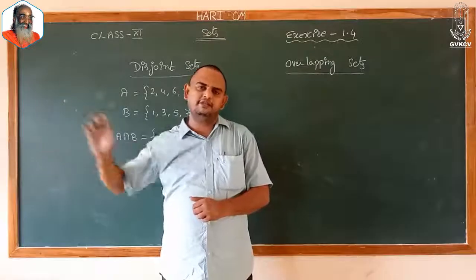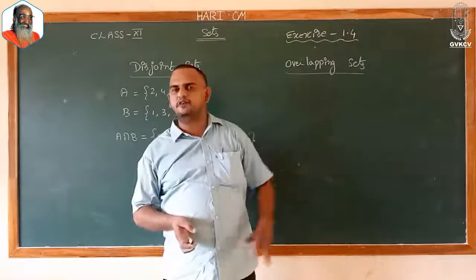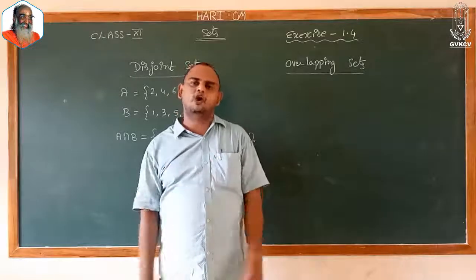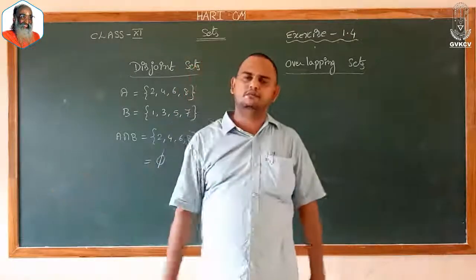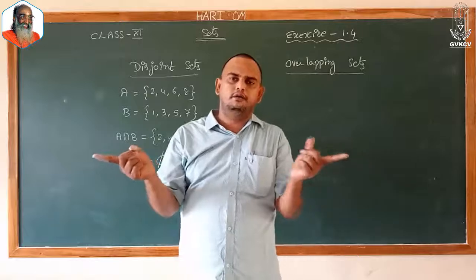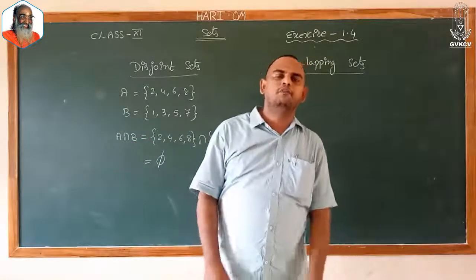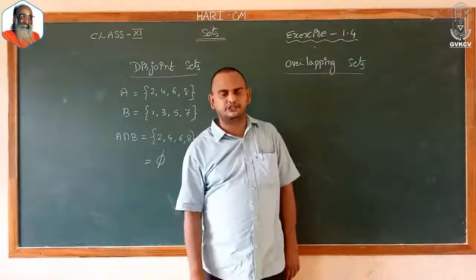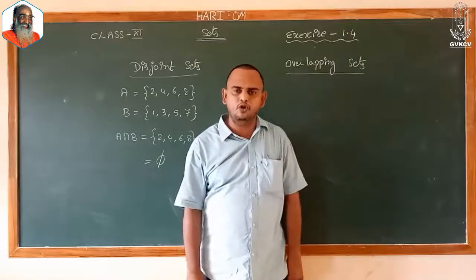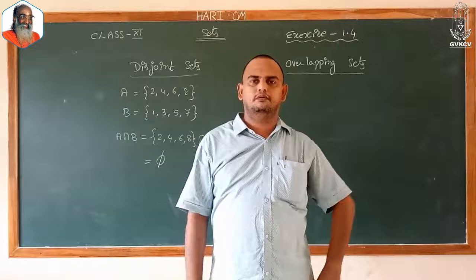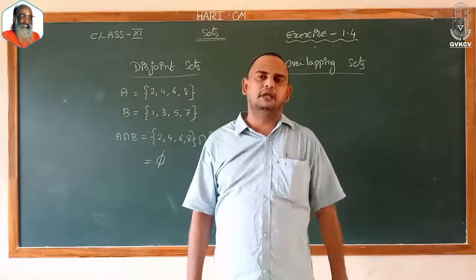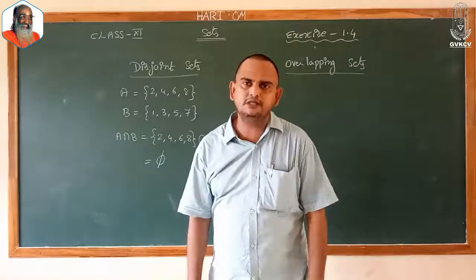We can't find anything common between these two sets. Disjoint is where there is no intersection. Where there is no intersection between two sets, they are called disjoint sets.